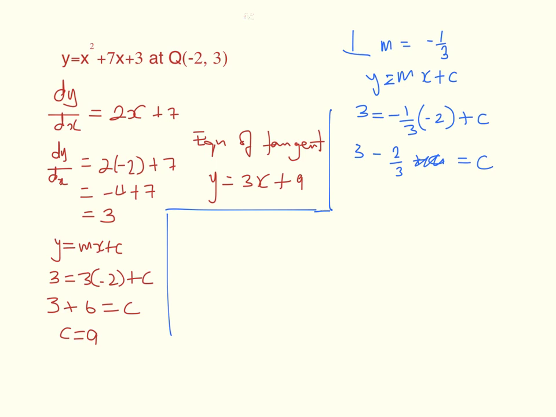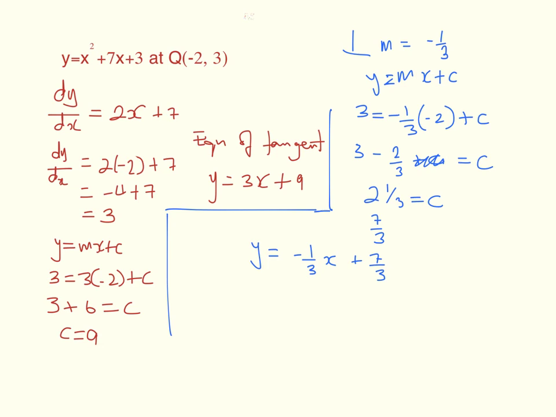Now if I take 2/3 away from 3, I will get 2 1/3 left. You can have it as an improper fraction if you want, 7/3. So now the equation of my normal is y is equal to minus 1/3 x plus 7/3.